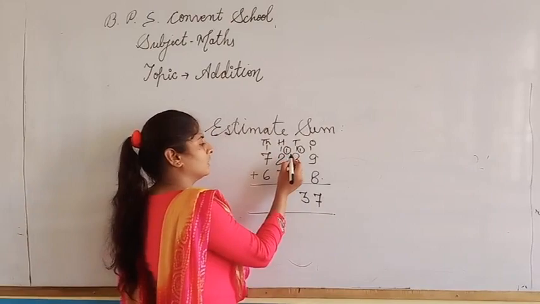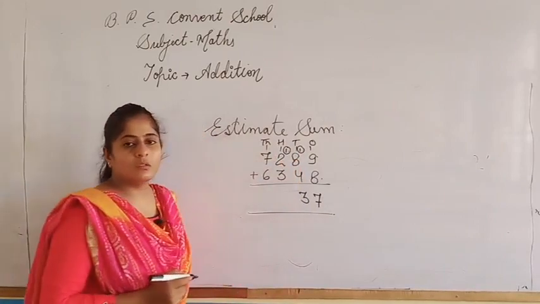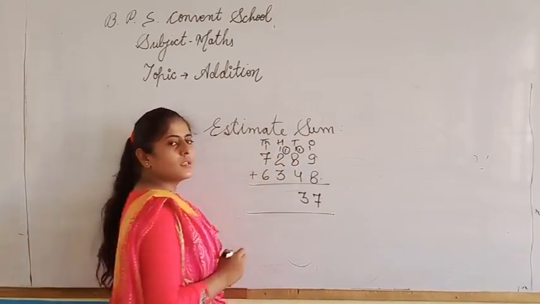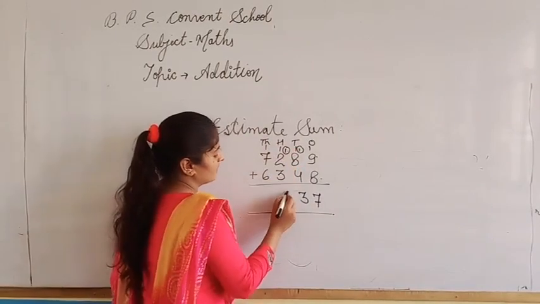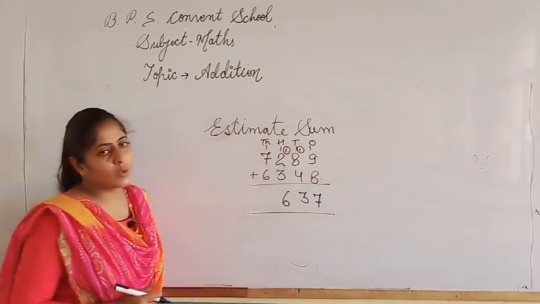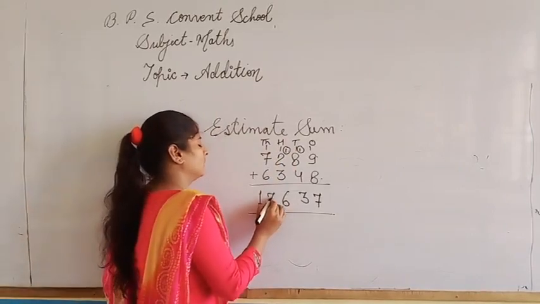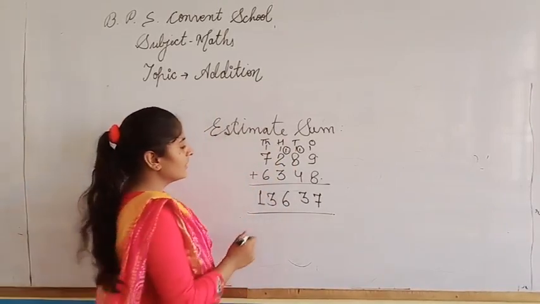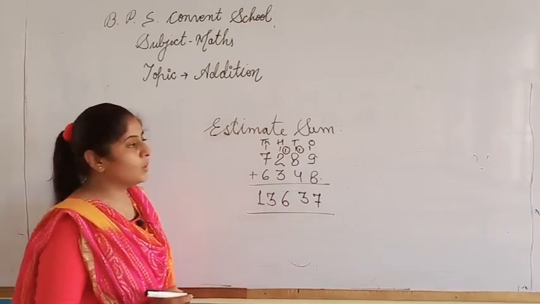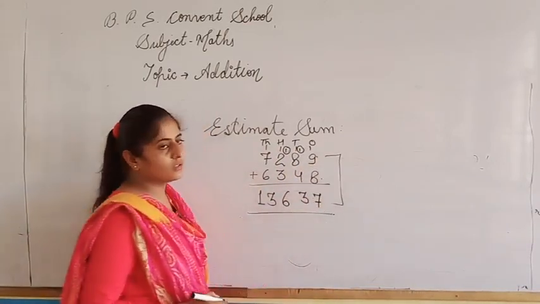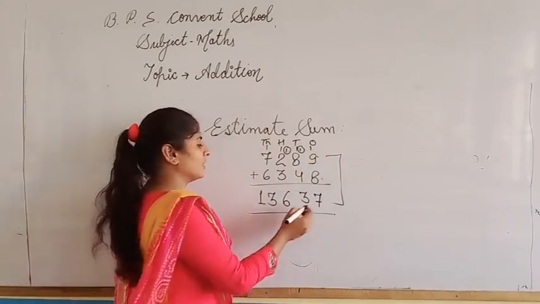Next hundred column. 1 plus 2, 3. 3 plus 3, 6. Next thousand place. 7 plus 6 is equal to 13. It's the correct sum of this addition.